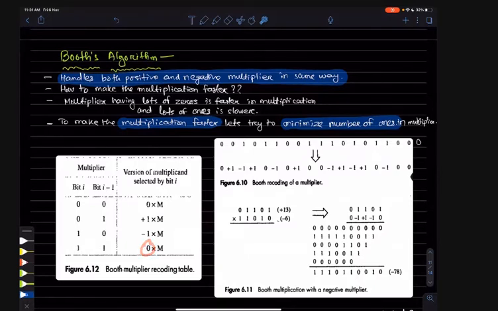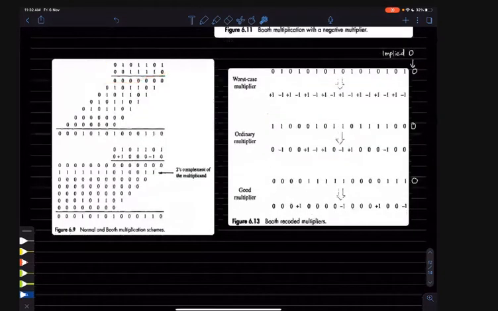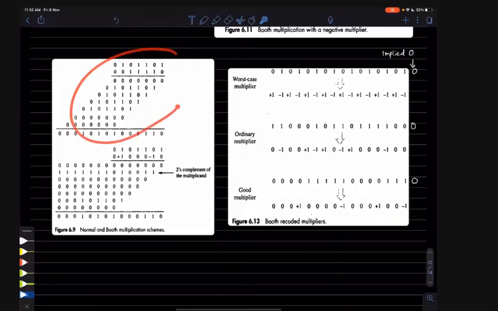So what is the advantage of Booth's algorithm now? Whenever we have a multiplier like 0 1 1 1 1 1 1 1 0, let's take one example: 0 0 1 1 1 1 0. How many additions do we have to do in this case?